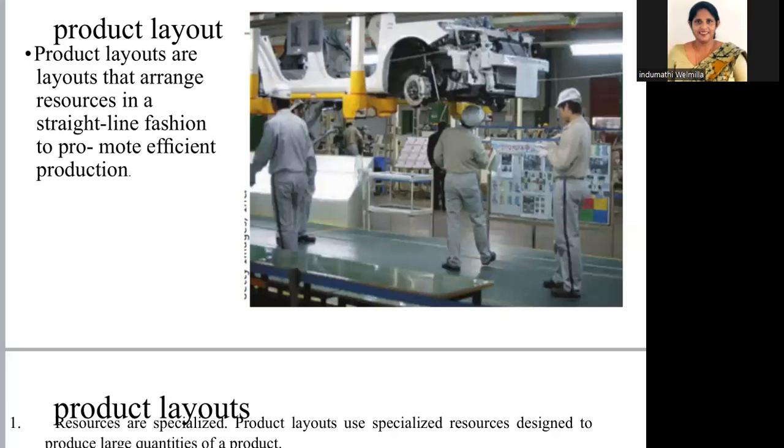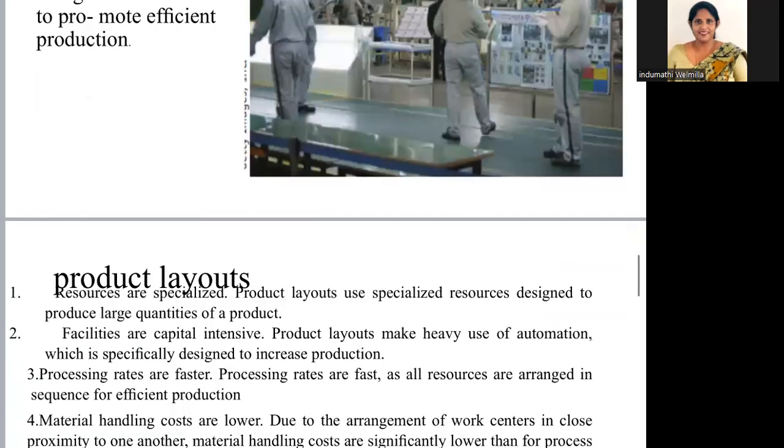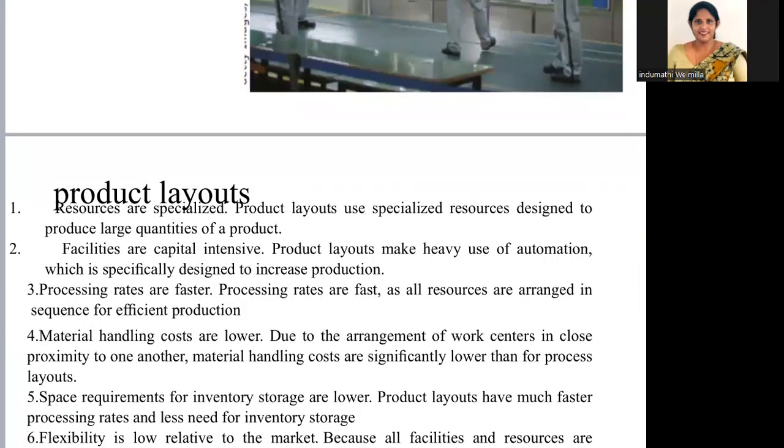But remember, product layouts are designed to produce one type or just a few types of product in high volume, and it's similar for services. So product layout has some characteristics.